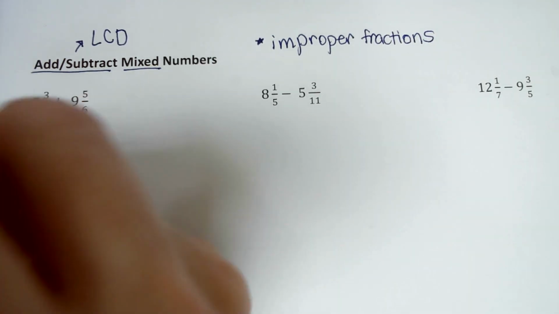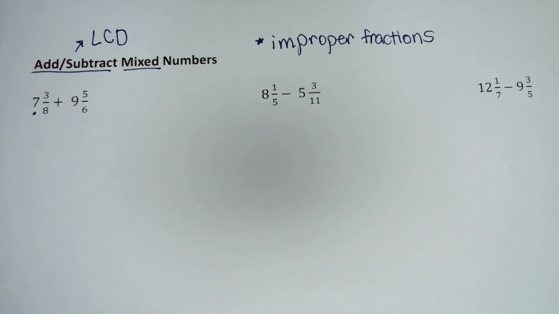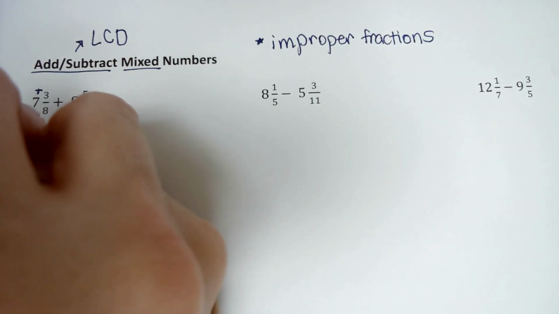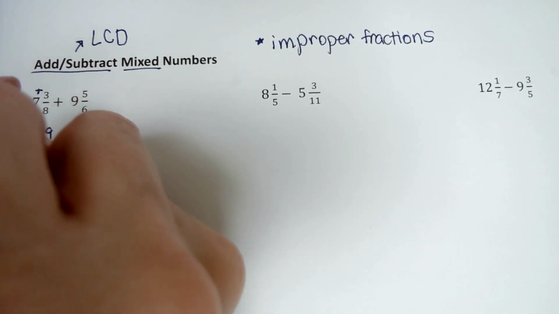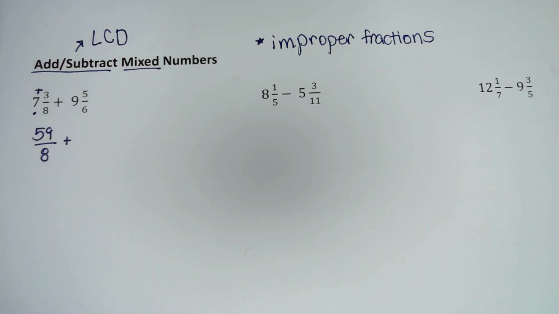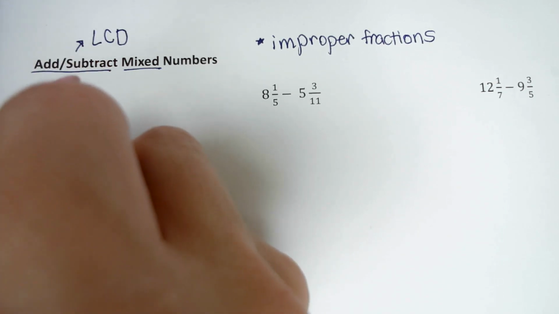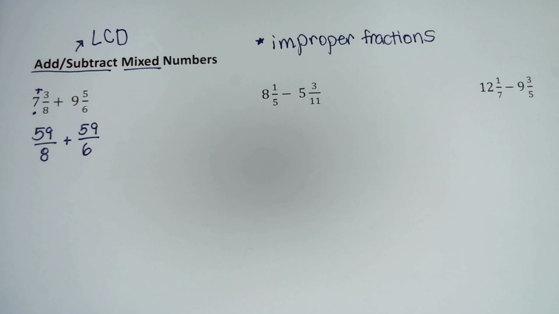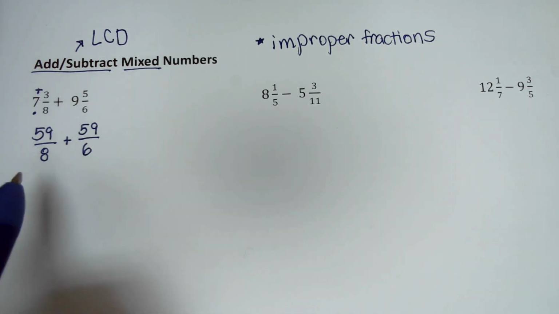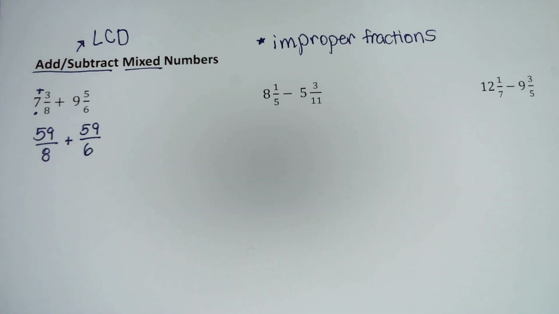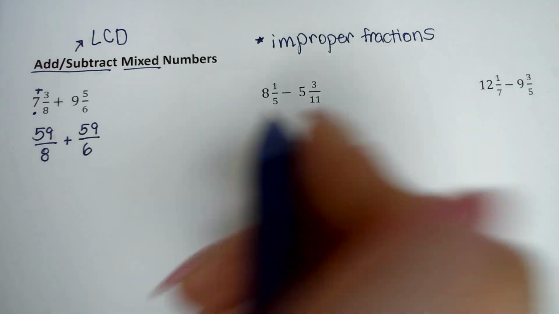So 8 times 7 is 56, plus 3 is 59 over 8, plus 9 times 6 is 54, plus 5 is 59 over 6. Now, we cannot add these as they are because the denominators do not match. So we have to find common denominators. 6 and 8.